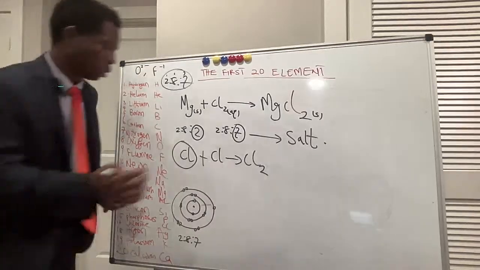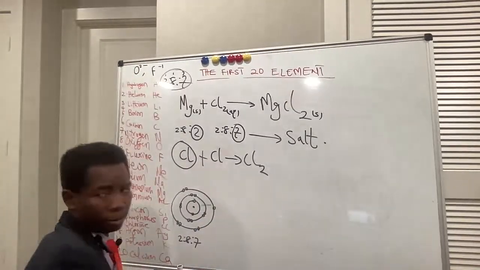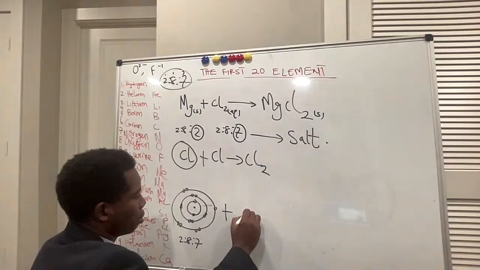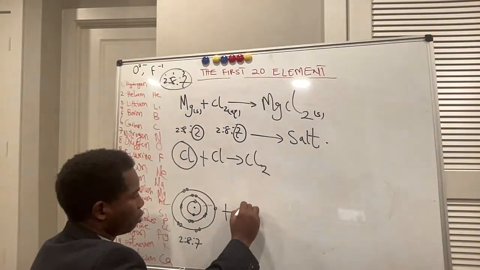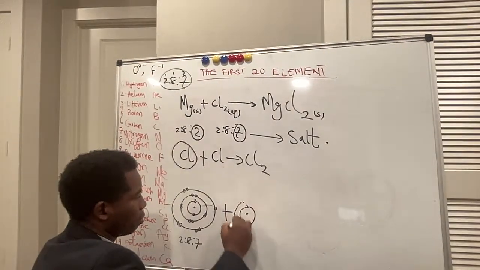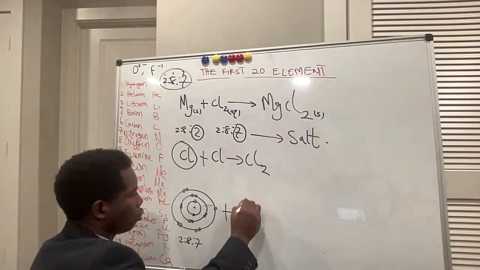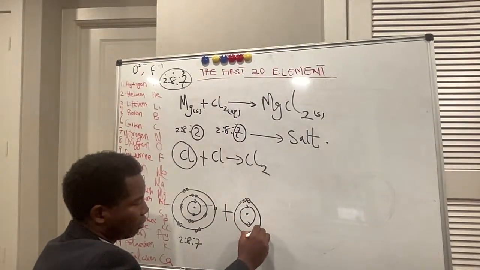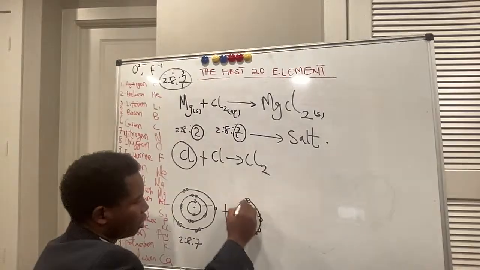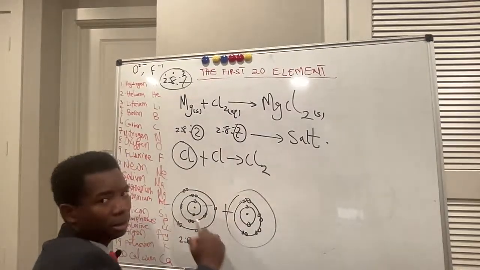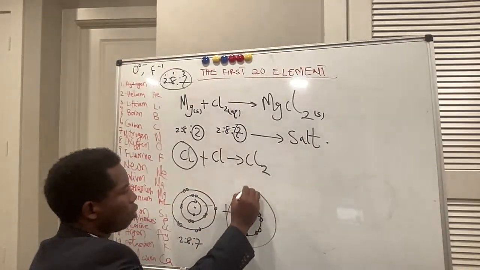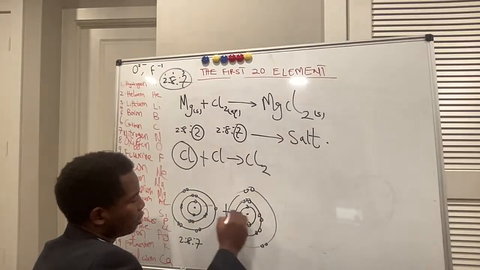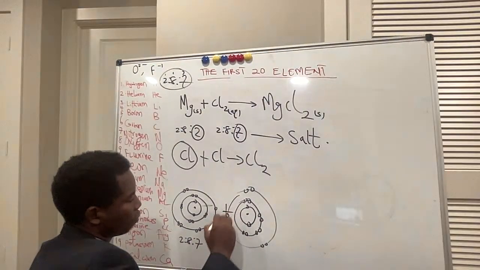So let's proceed. Chlorine plus chlorine. 1, 2, 3, 4, 5, 6, 7, 8. Now the last shell, 1, 2, 3, 4, 5, 6, 7.